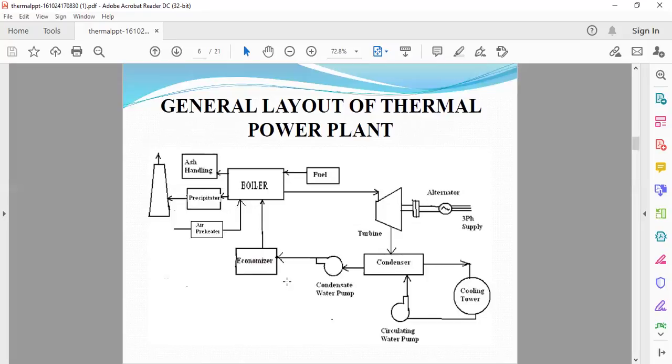It is then heated again in a high pressure heater, where high pressure steam is used for heating. So this is a cyclic process in a thermal power plant. The turbine in a thermal power station acts like a prime mover of the alternator. This is the total working principle of the thermal power plant.